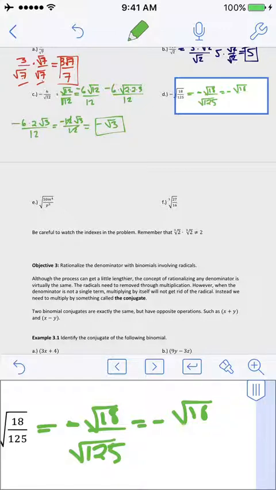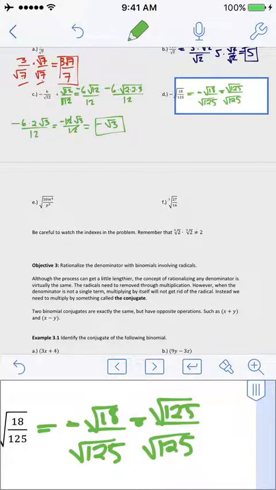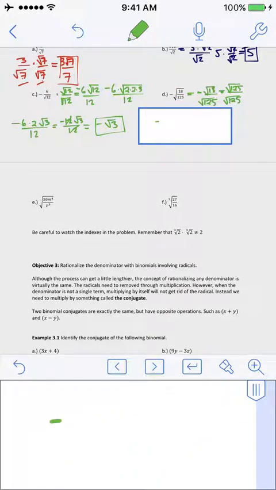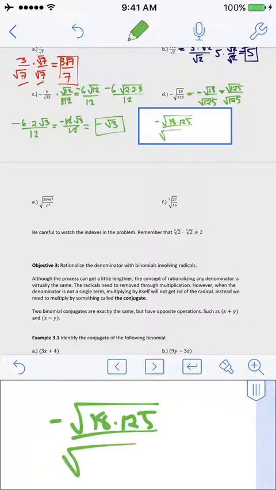We'll start by multiplying by root 125 over root 125. That becomes negative root of 18 times 125 over root 125 squared. 18 times 125 is 2250.